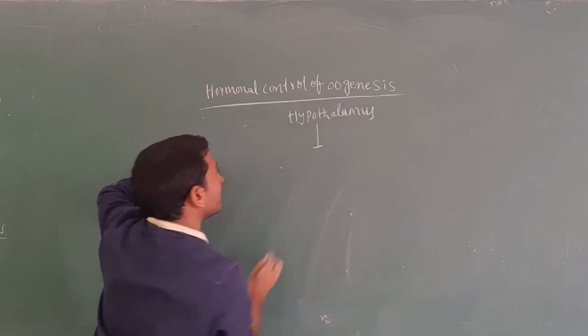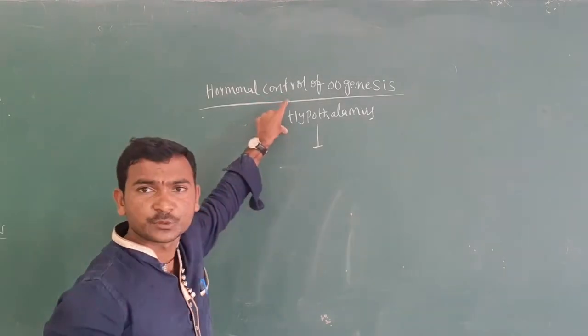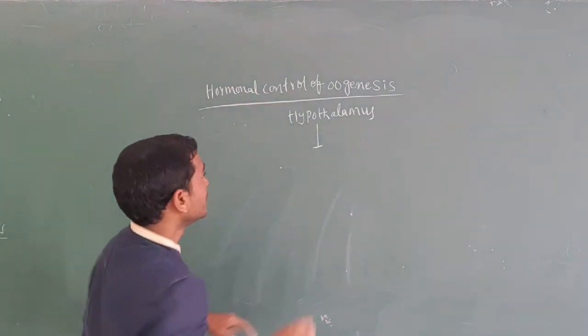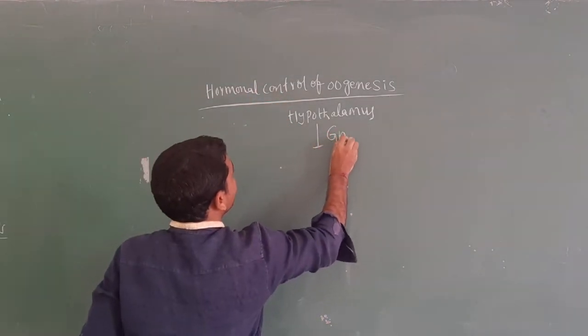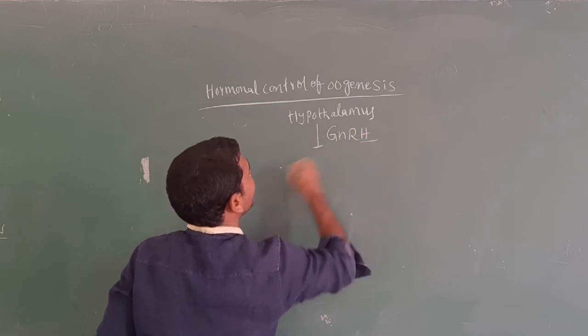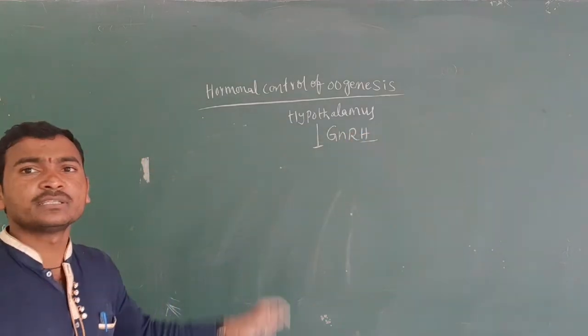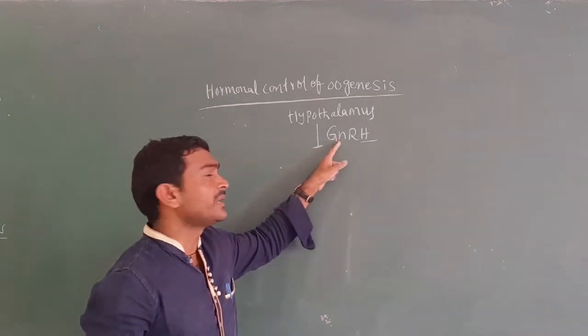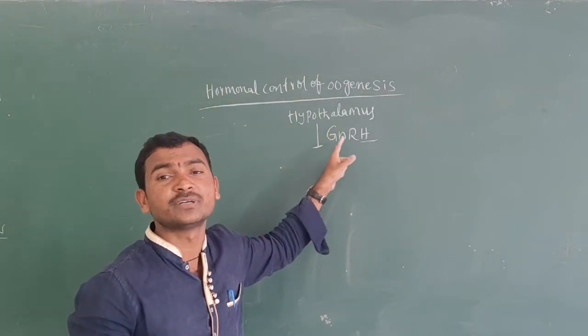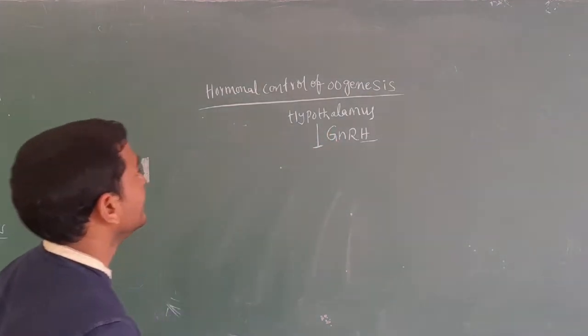The hypothalamus releases one hormone, GnRH, gonadotropin releasing hormone.